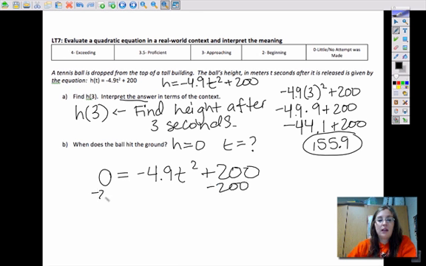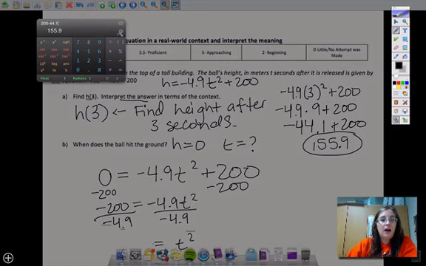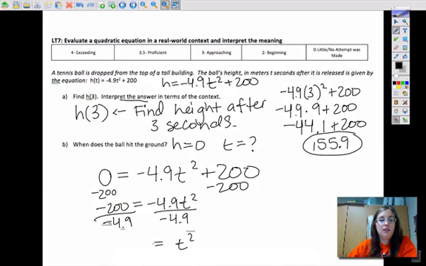So I'm going to gradually undo everything over on the right until all I'm left with is the t squared term. So I'm going to subtract 200 first. Then I'm going to divide by negative 4.9. That'll give me t squared equals, then I've got to divide my 200 by 4.9, and I'll get 40.8, and it's a negative divided by a negative, so it should be a positive answer.